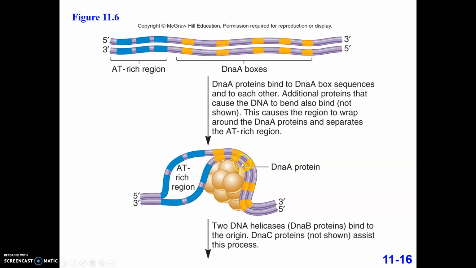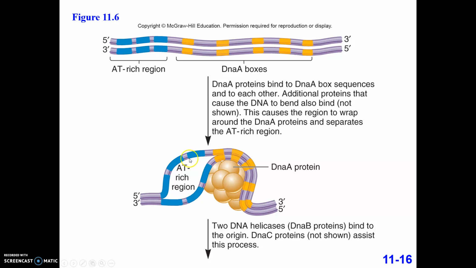This causes the DNA to kind of wrap around this complex. The fact that you have a region immediately adjacent to it that is AT-rich will cause a bubble to open up, or a strand separation.